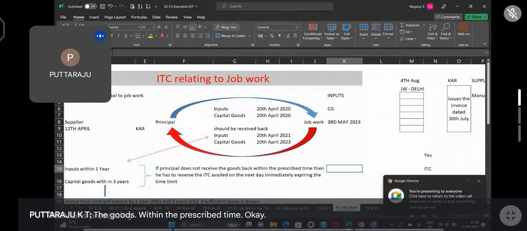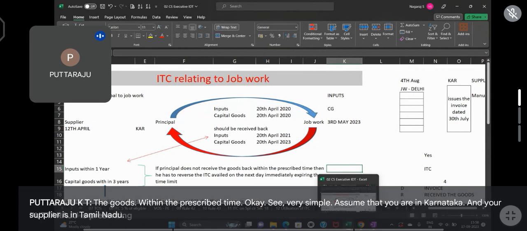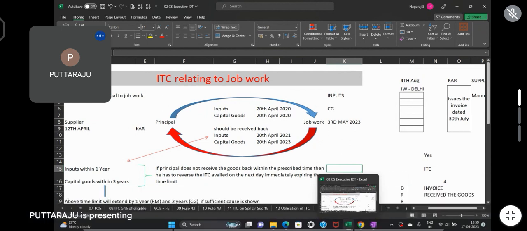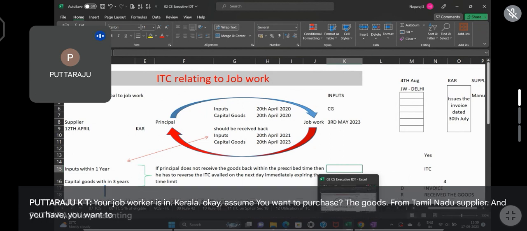Okay? See, very simple. Assume that you are in Karnataka, your supplier is in Tamil Nadu, and your job worker is in Kerala. Assume you want to purchase the goods from the Tamil Nadu supplier, and you want to send the goods to the Kerala job worker. There are two ways.